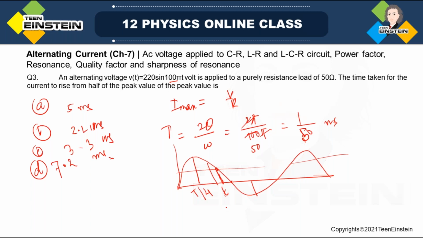So the maximum current will be reached at time T by 4.